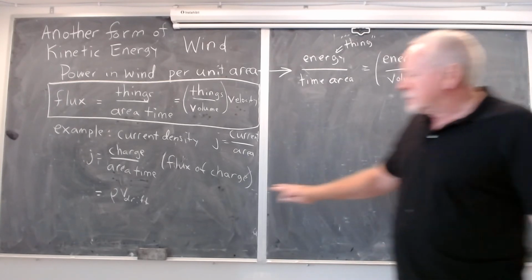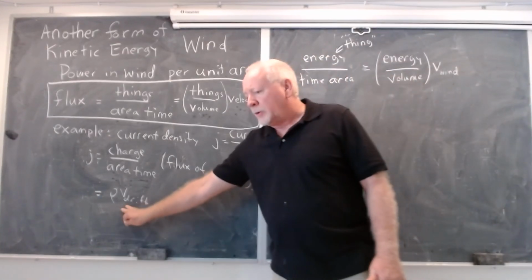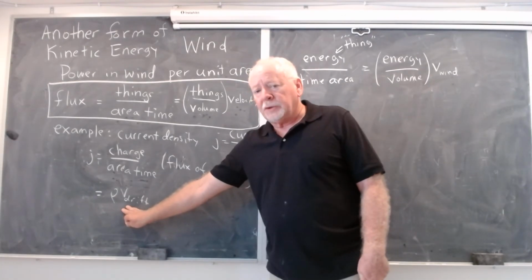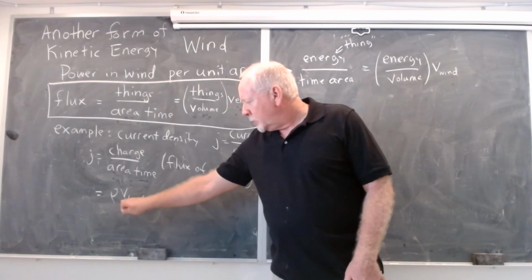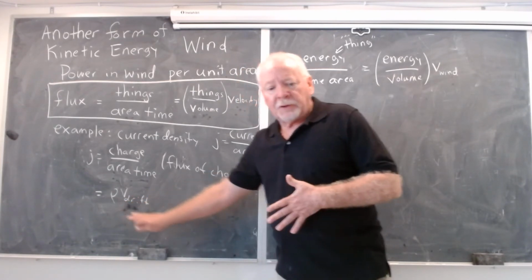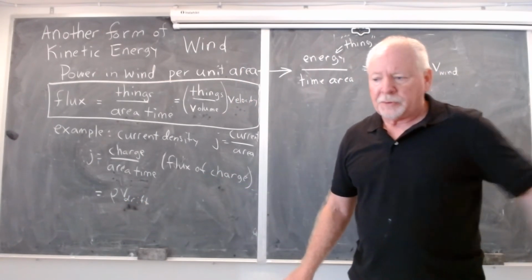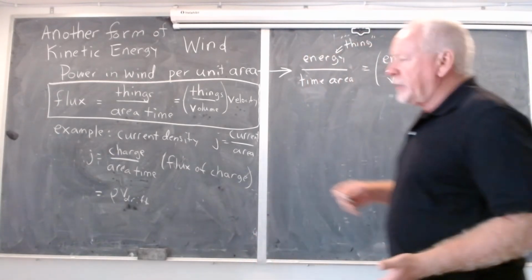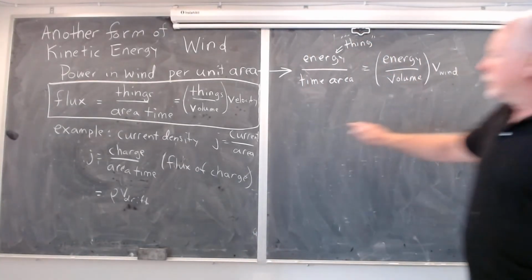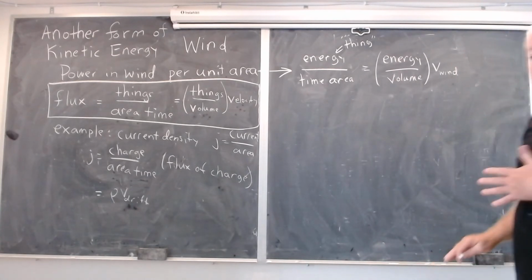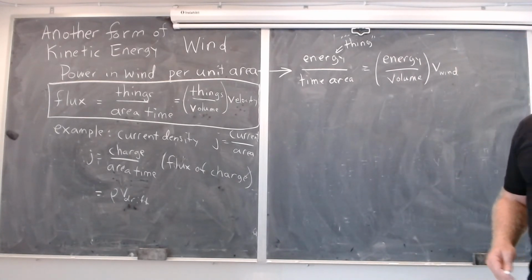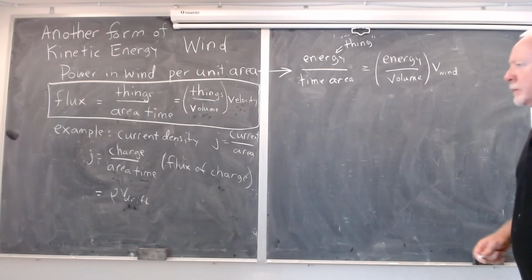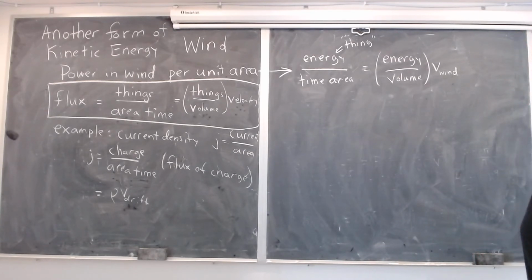The reason I'm bringing this up is because I wrote V drift here, and those of you that have taken some electrical engineering courses, particularly in semiconductor physics, know that that's the average velocity of the electrons moving in a certain direction. So with that aside, it's clear that in this equation, velocity is the average velocity, the velocity of the wind, the average velocity of the molecules in a certain direction.